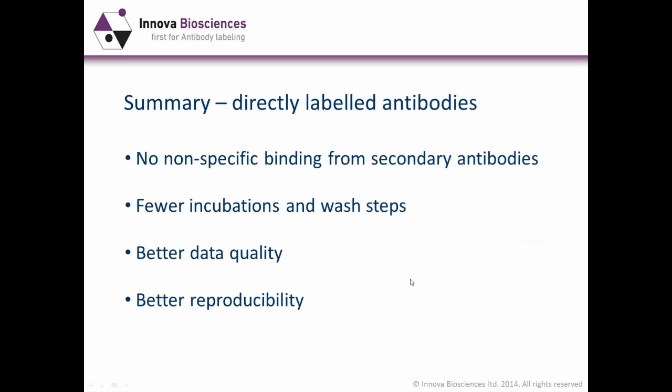So just to summarize then, directly labeled antibodies, why would you do that? Well, no non-specific binding from secondary antibodies, simply because they're not there. Fewer incubation and wash steps. And as a result of these 2 things, better data quality and better reproducibility of the experiments.